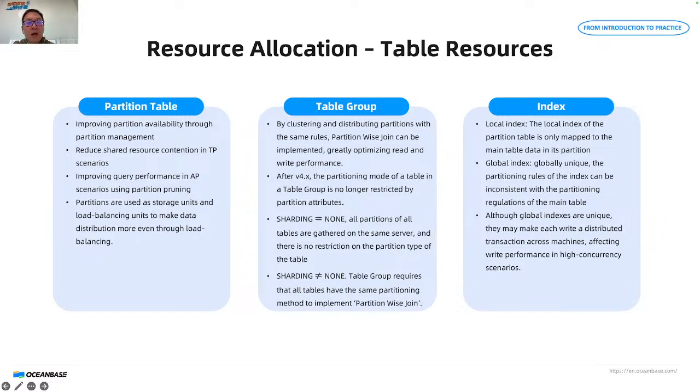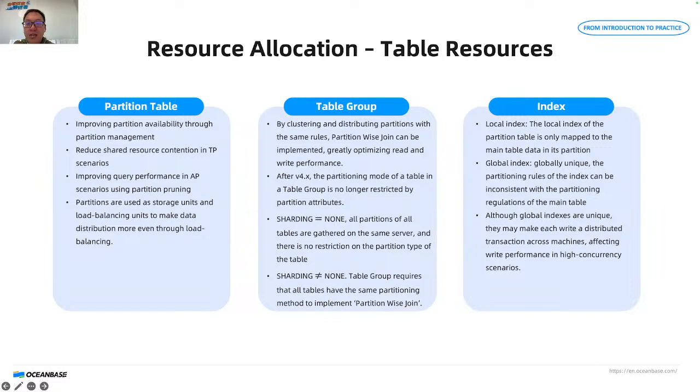For table groups, a table group is a collection of tables that enhance data organization. By default, data from different tables is randomly distributed. However, by defining a table group, we can control the physical proximity of related tables, reducing distributed overhead and enhancing performance.